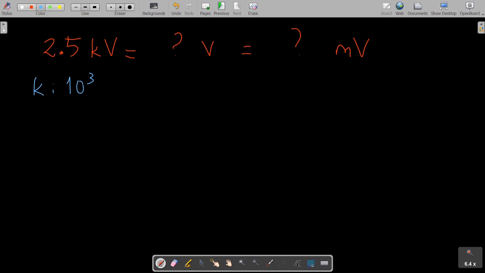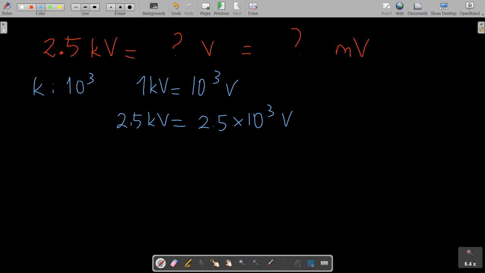It means that 1 kilovolt is 10 to the power 3 volts. Therefore, if 1 kilovolt is 1000 volts, 2.5 kilovolt is automatically 2.5 times 10 to the power 3, right? This should be clear for all of you, hopefully.